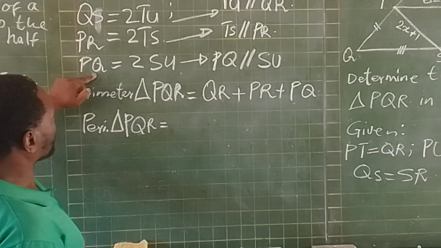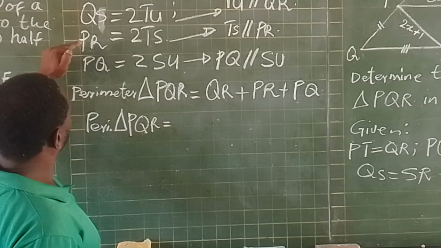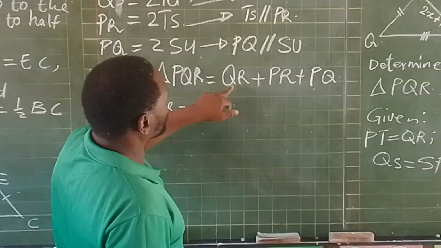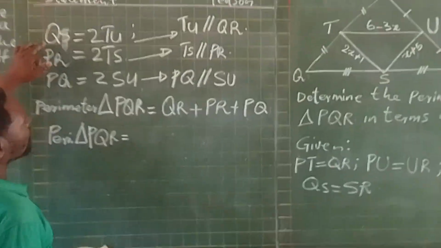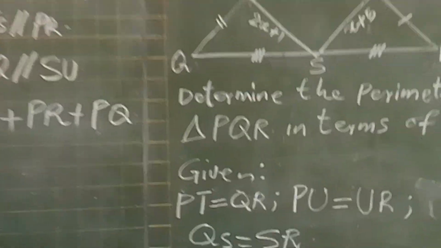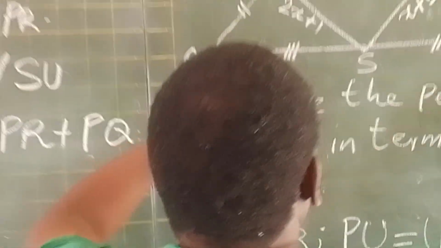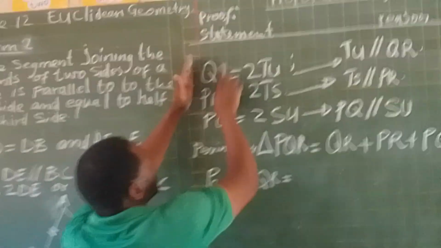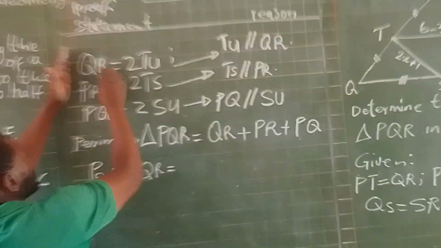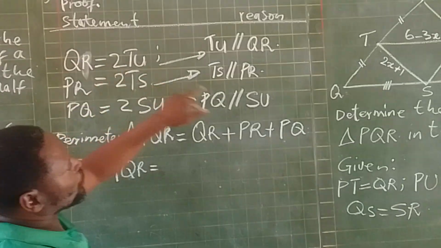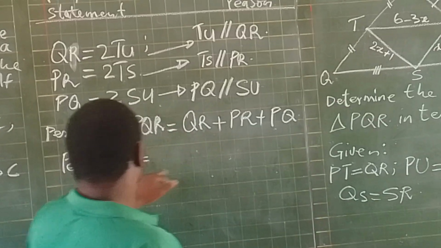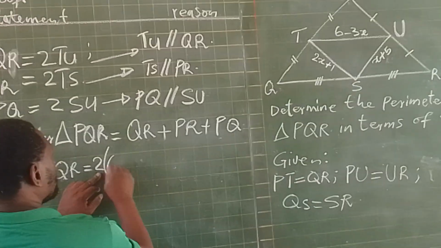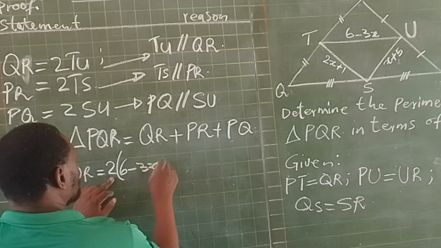Here is QR. I was supposed to say QR, not QS. So your QR is equal to 2 times TU, so we have 2 times TU, which is 6 minus 3x.